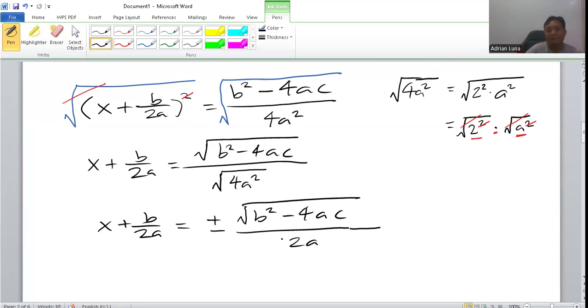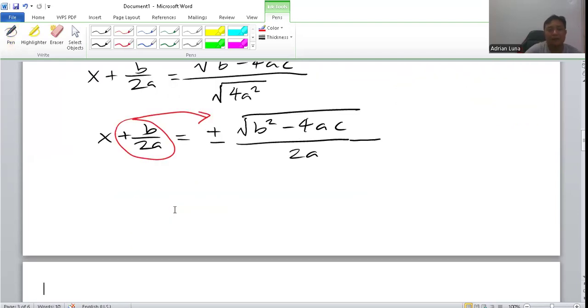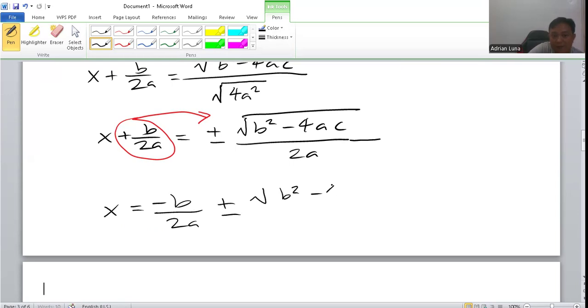Then, next step, since we are solving for x, i-isolate natin si x on one side of the equal sign. That's why we have to transpose this to the other side of the equal sign. Kaya, ang mangyayari is x is equals to, from positive magiging negative b all over 2a plus or minus the square root of b squared minus 4ac all over 2a.